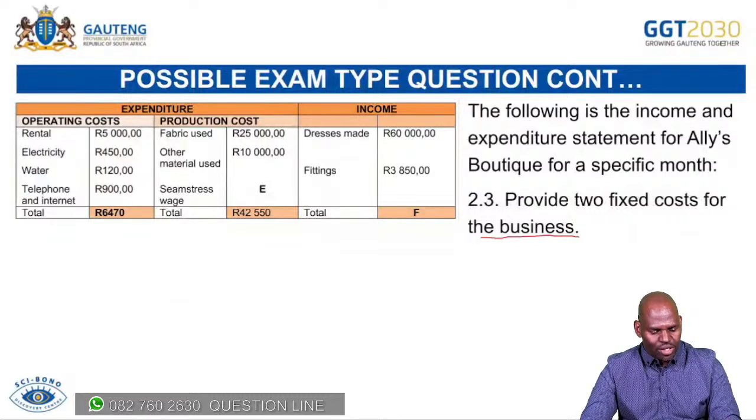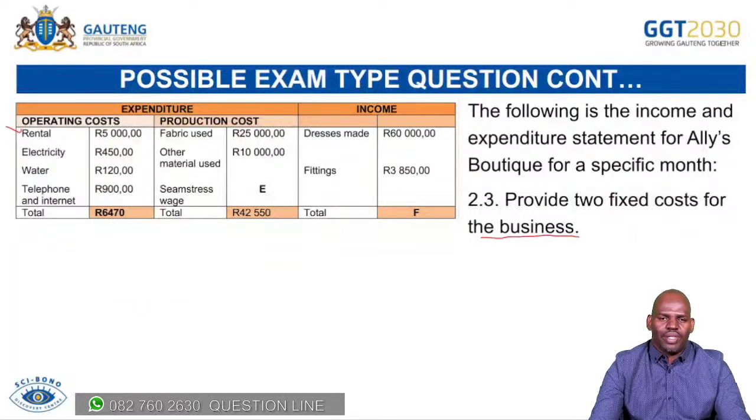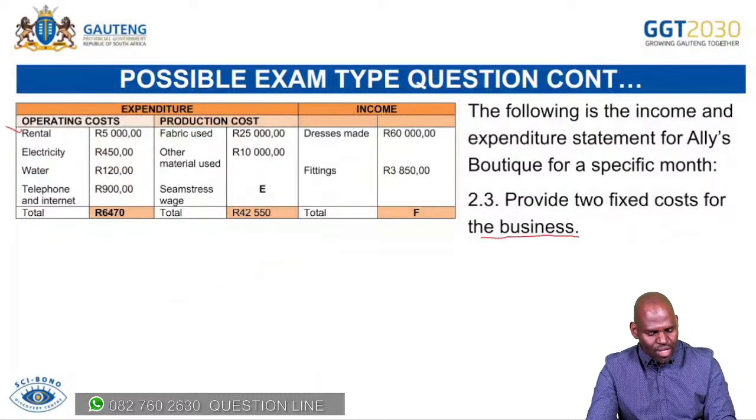So now if I look at this, rental is an amount that will remain the same every month. If you have to pay a rent, you pay the same amount every month. So the rental will be 5,000. So it means rental is a fixed cost.